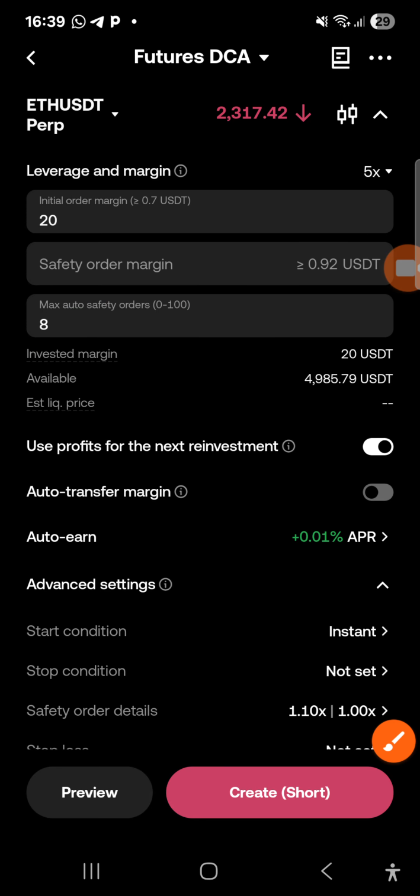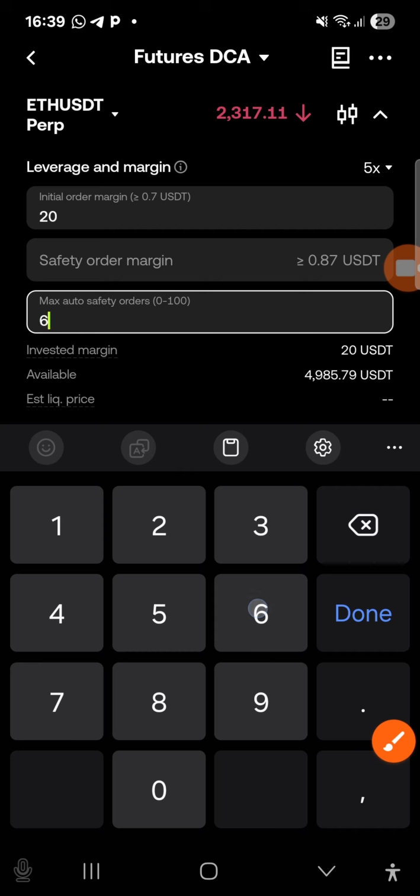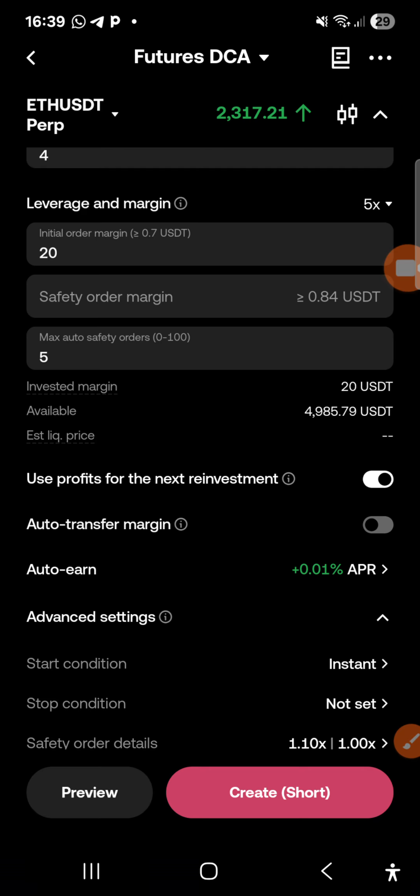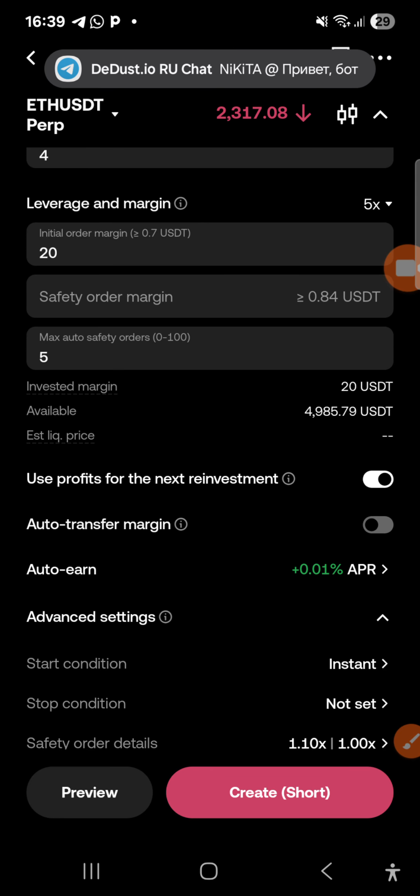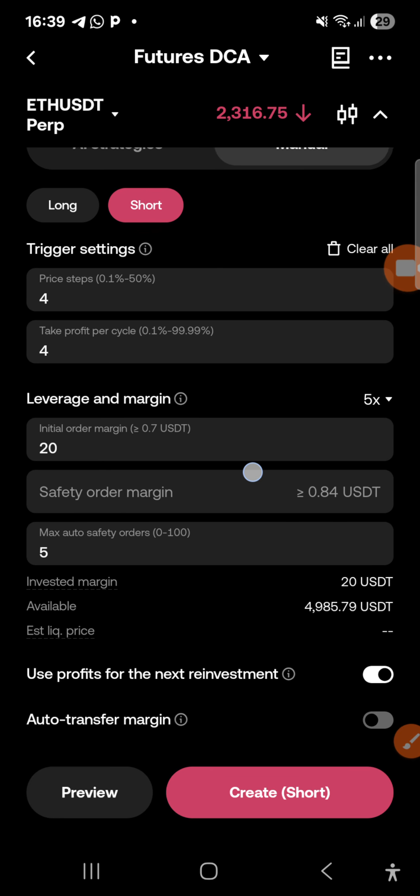When you put 6 times or 5 times, when the robot adds a certain amount of money for you up to 5 times, it stops. Okay, that is what it means. Now I hope you have understood the previous ones.